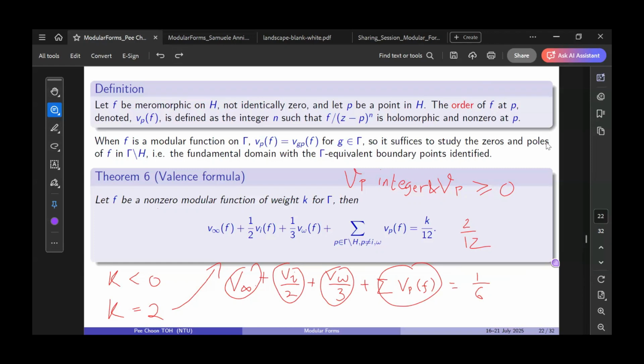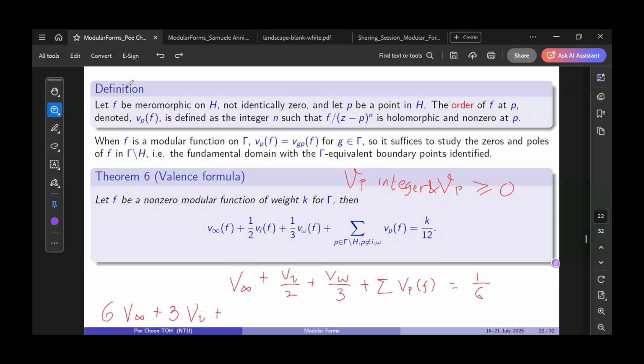To make it a little bit clearer, we can multiply both sides by 6 to have 6 times v_infinity(f) plus 3 times v_i(f) plus 2 times v_omega(f) plus 6 times the sum of v_P(f) is equal to 1.